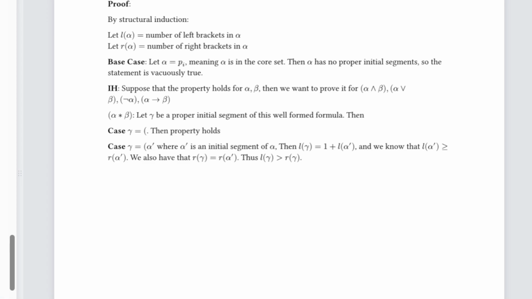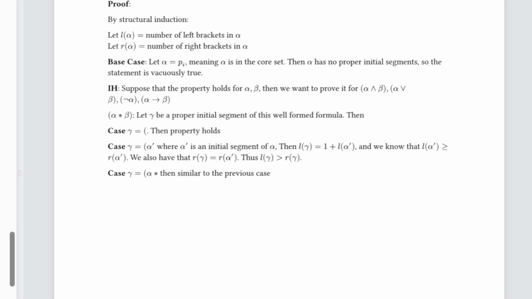Now, another case can be, let's suppose gamma equals open bracket, all of alpha, and then whatever the connective was, and you stop here. Then, similar to the previous case, the connective does not add a left bracket or a right bracket, so you can handle it similarly.